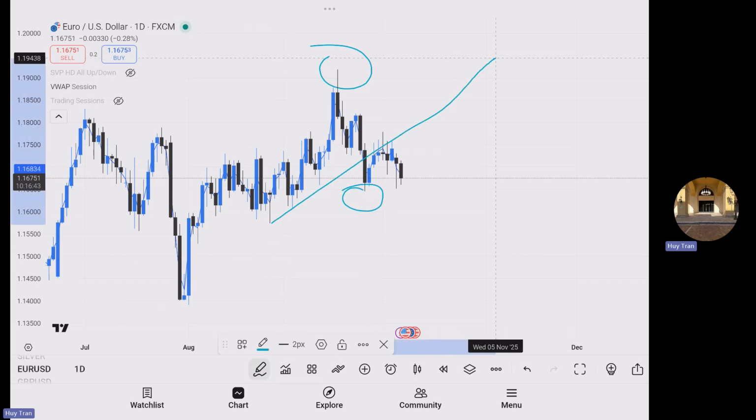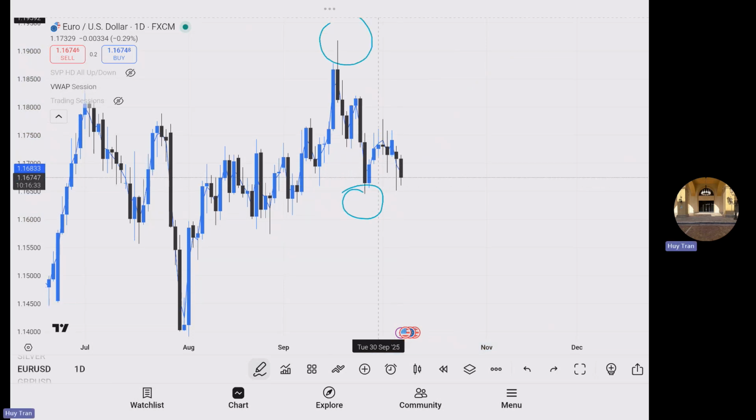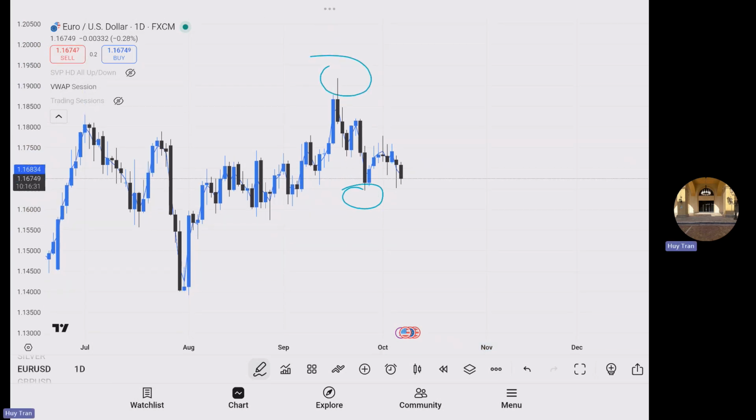Right here it broke that, and it's creating lower lows. I'm looking at a couple of things right now. The structure point that we're in is this. Because this broke here, we just assume that it's going to go down further because this is a transition.